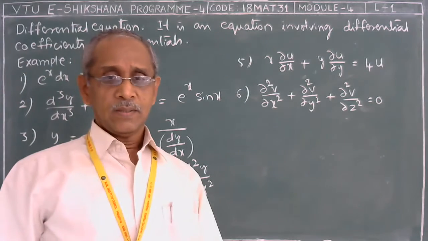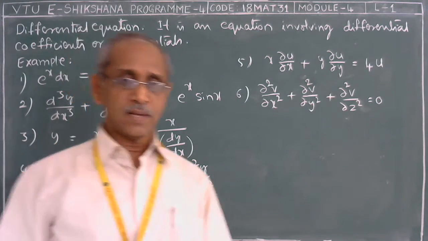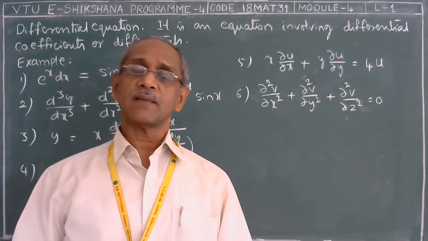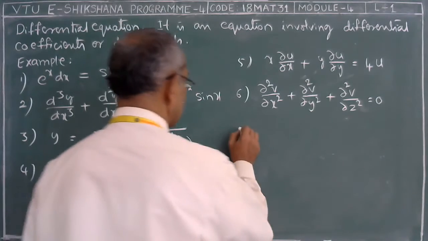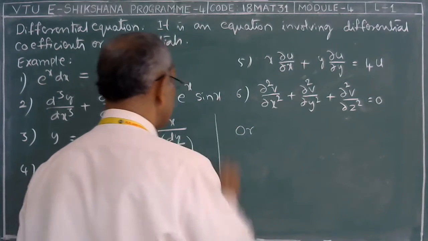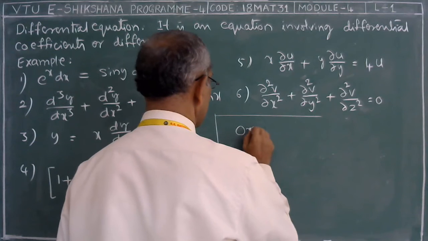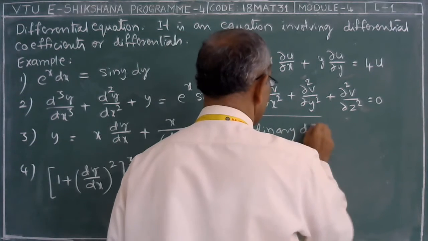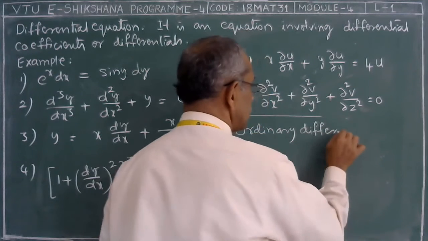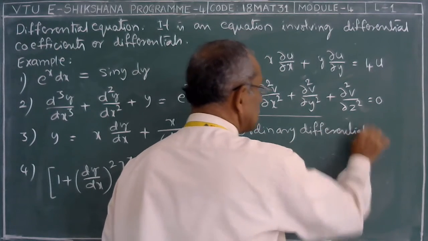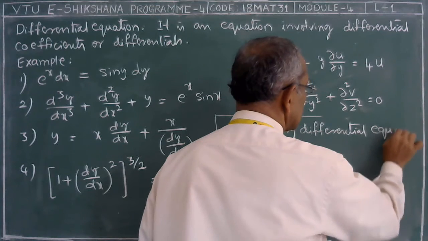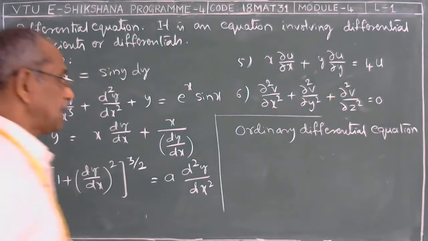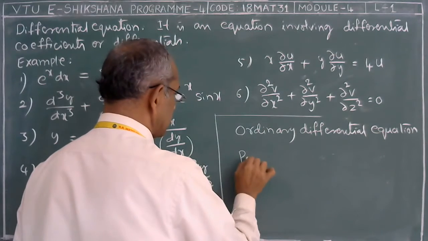So this differential equation can be classified into two types: ordinary differential equation and partial differential equation. What is an ordinary differential equation? Ordinary differential equation and partial differential equation.